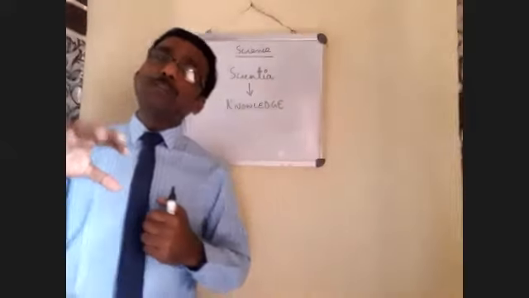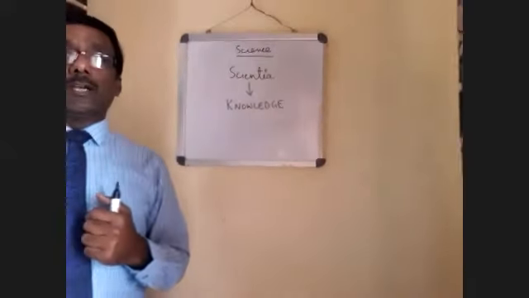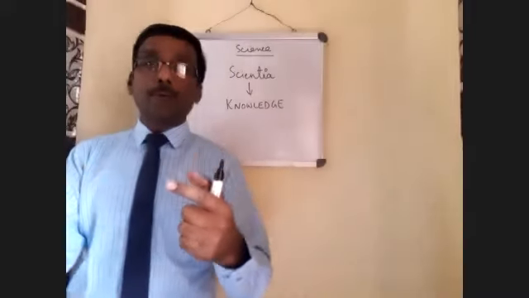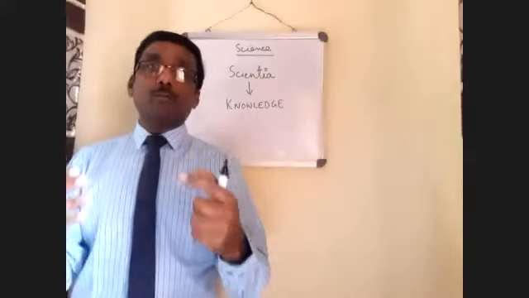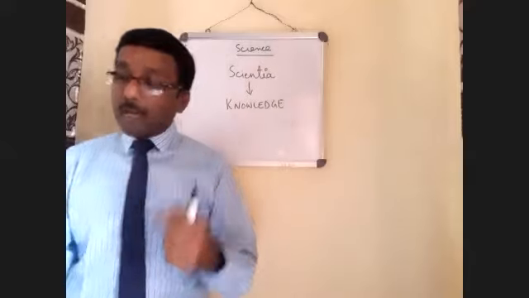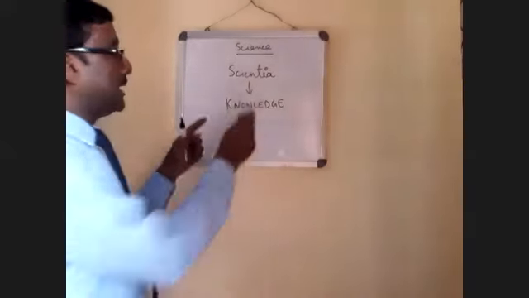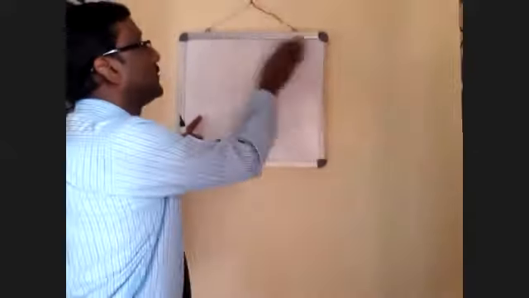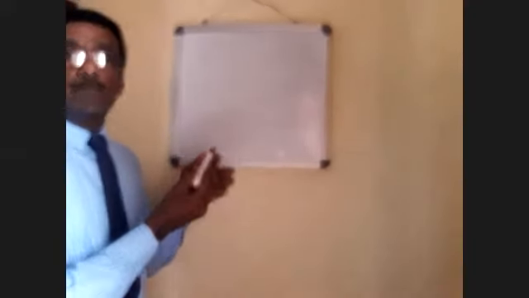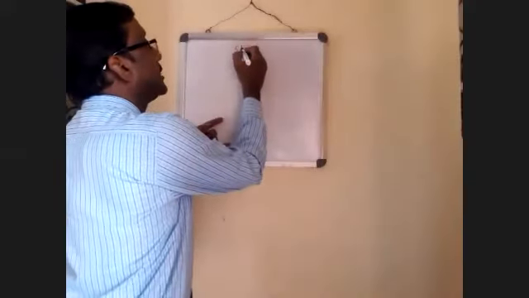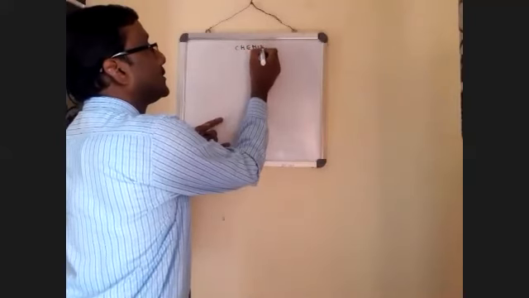This is an advantage of science over other subjects. Whatever we say, we can prove through experiments, through observations. Now today, we will study and understand the basics of a subject known as chemistry. So let us study chemistry.